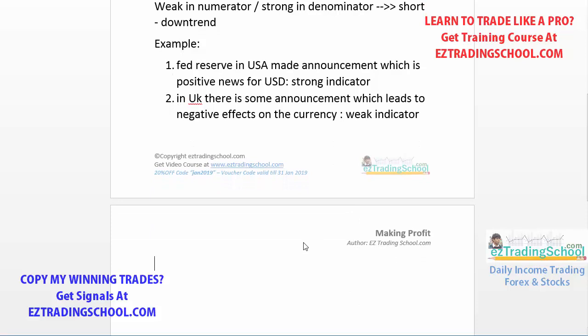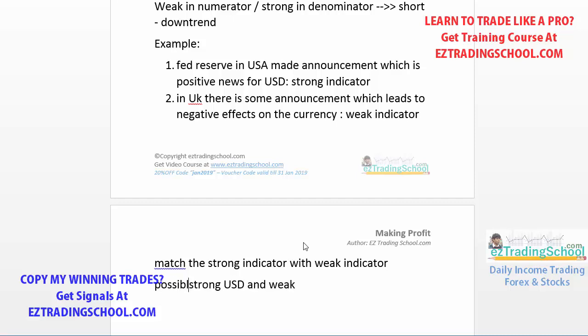So effectively what we want to do is match the strong indicator with the weak indicator. In this scenario we've got a strong USD and a possibly weak GBP coming up. There could be other factors, but this is the basis of pairing a currency and making a decision based on this news.